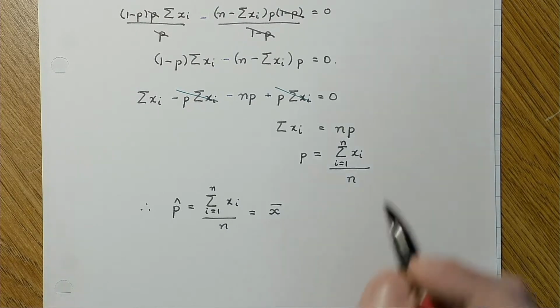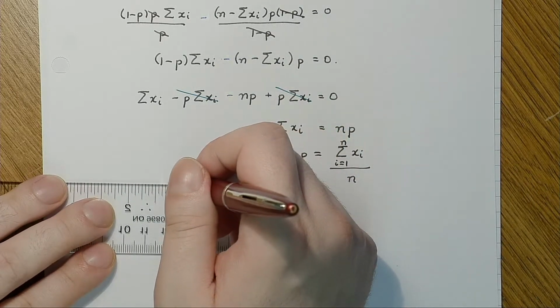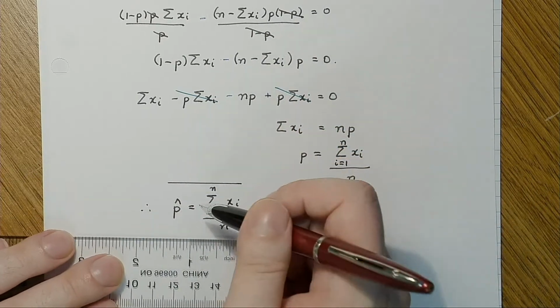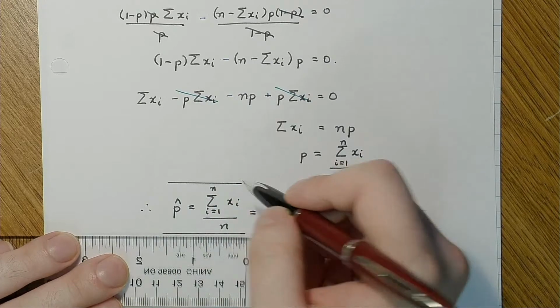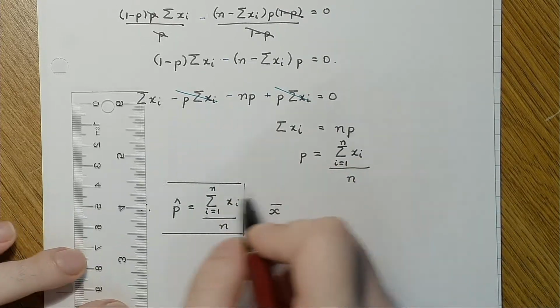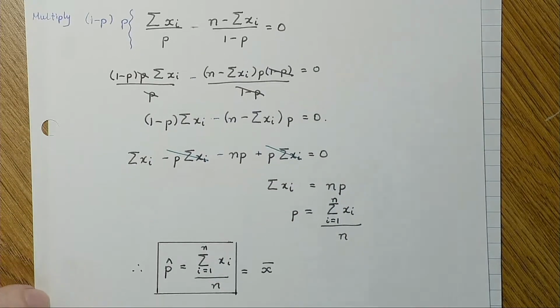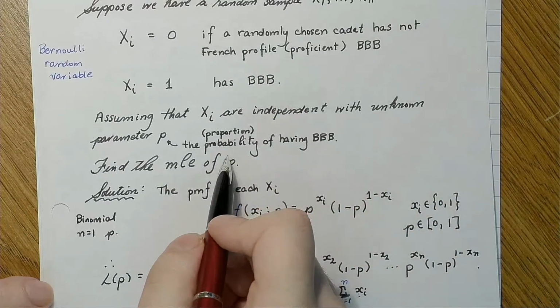Perfect. So that's it. So that confirms what we kind of thought would be a good estimator in the beginning. Again, it's just the proportion or the probability of having it.